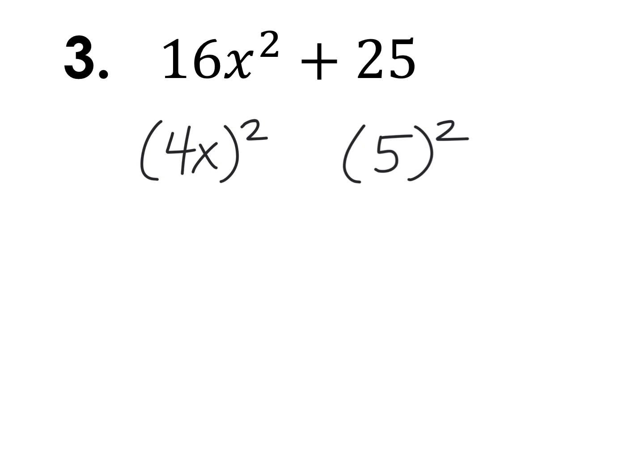So it's not doing that thing in the middle that you see at the top where it says 2ab. It's not doing that. So if a is 4x and b is 5, that gets me 20x. In the middle here, I should see 40x if it's a perfect square. I don't have that. So no. Also, if you try to factor this, it's prime because it's not difference of squares, it's a minus sign. So no, because it's missing a b term.